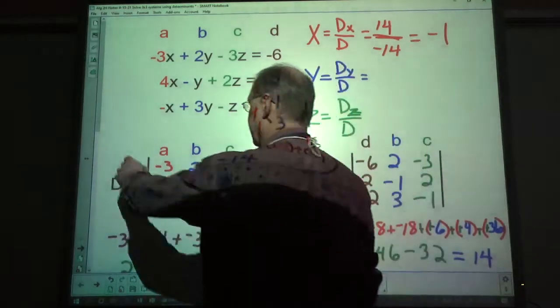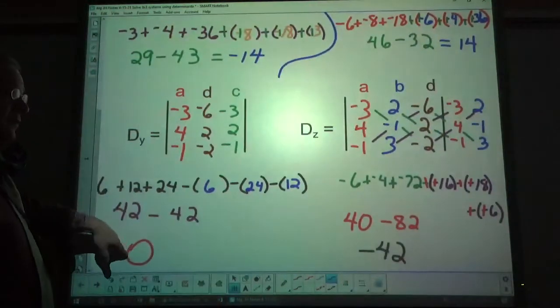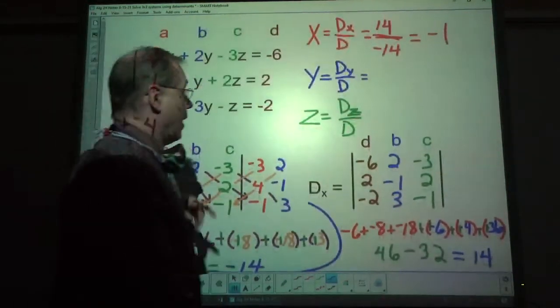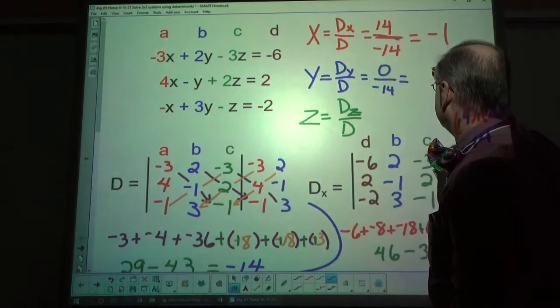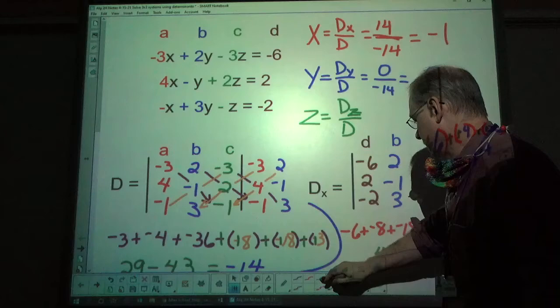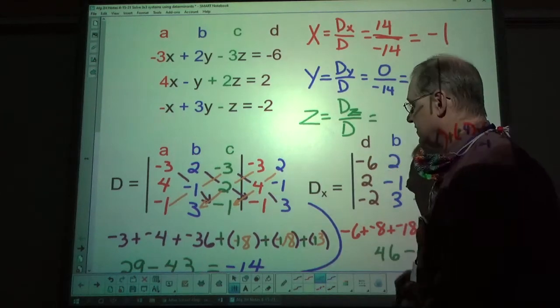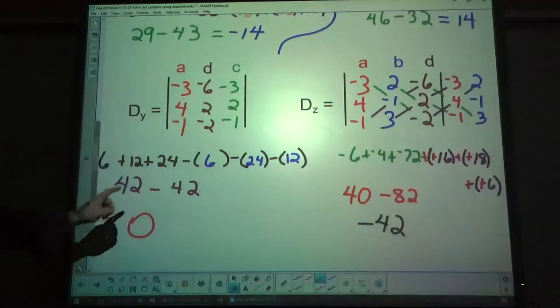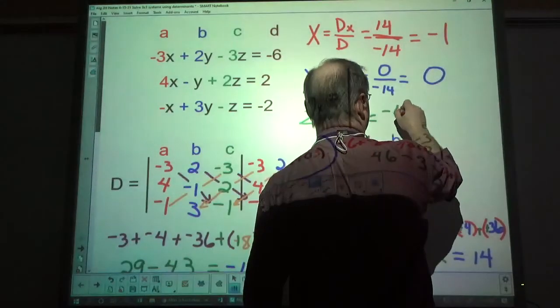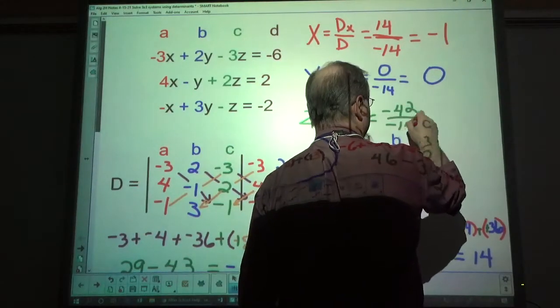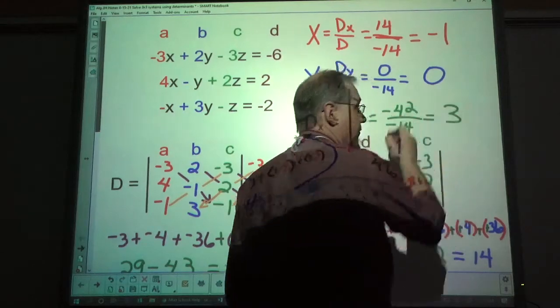D sub y was 0 over -14, which was D, so that's 0. And D sub z, -42 over -14, that's going to be 3.